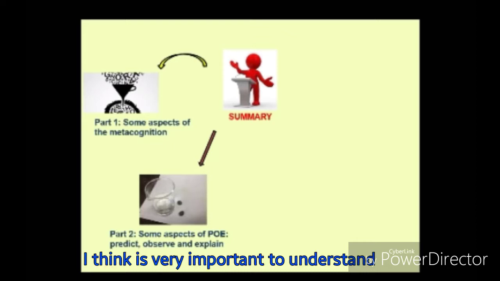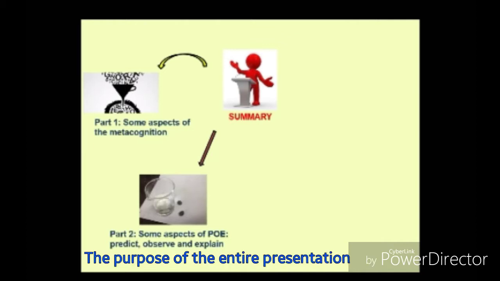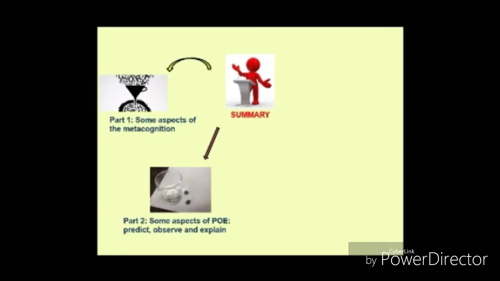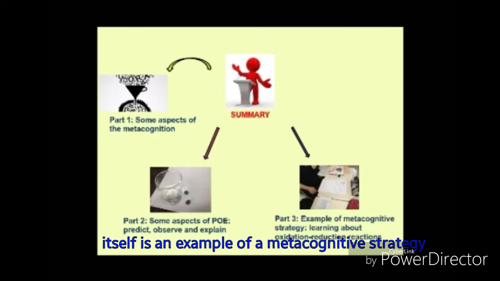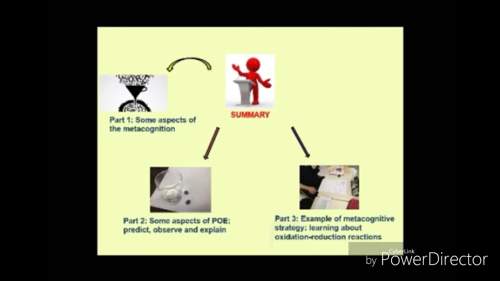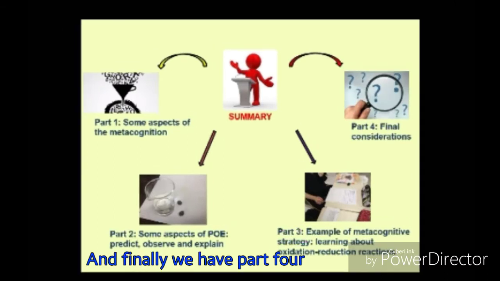I think it's very important to understand the purpose of the entire presentation. So, part 3, the activity itself, which is an example of a metacognitive strategy, learning about oxidation reduction reactions. And finally, we have part 4, which refers to final considerations.